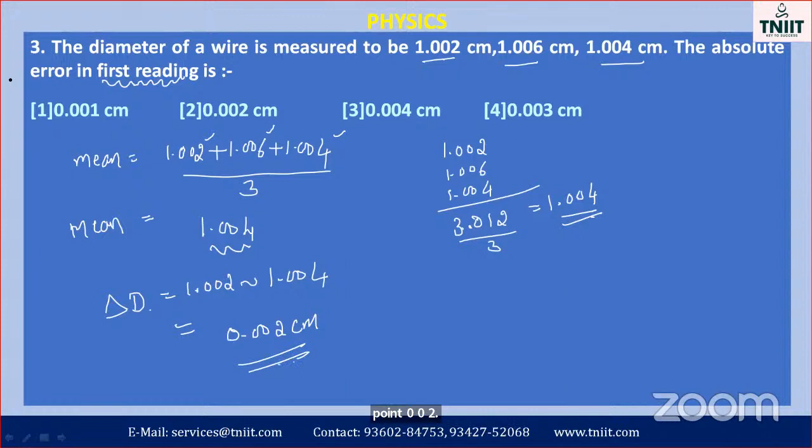So the absolute error in the first reading is 0.002 centimeter. Got it? You have to take the difference between the mean value and the first trial reading. That is what we call the absolute error. I hope you understood.